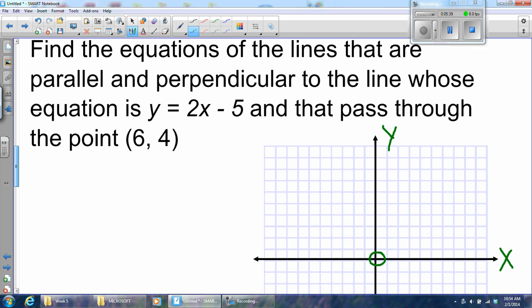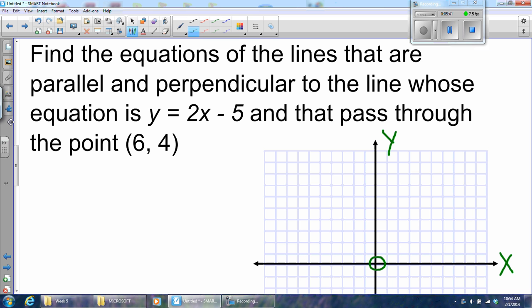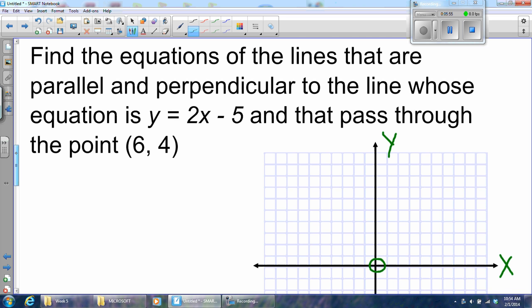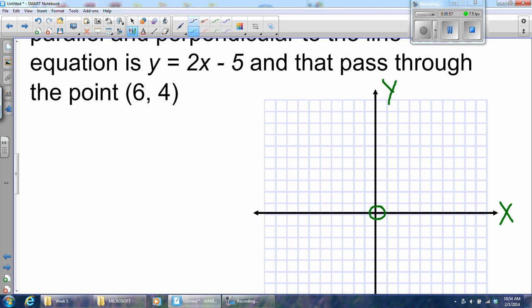Well, how might we use that? Well, here we have a problem where it says find the equations of the lines that are parallel and perpendicular to the line whose equation is y equals 2x minus 5 and that pass through the point (6, 4). Well, normally we're not going to be graphing these, but for the demonstration, for helping you understand, I will graph this one.